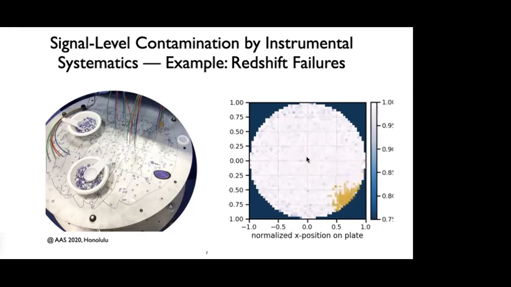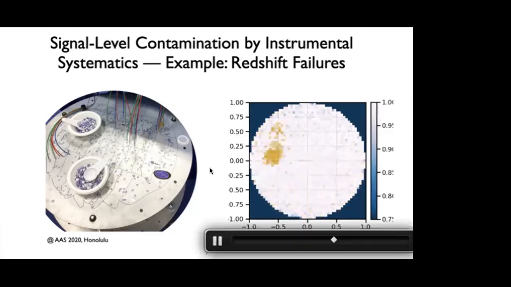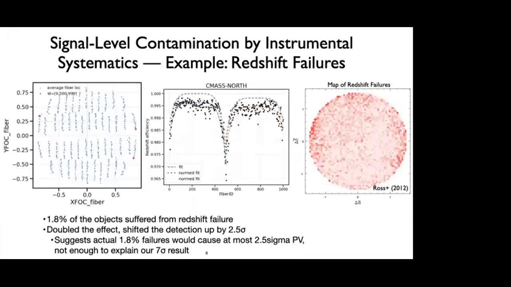And these moving yellow dots indicate the fiber bundles that were plugged into the plates during the entire observing epochs. After averaging the positions of the fibers, we found that they were not just randomly plugged into the plates, but rather they have preferred locations for each fiber, as indicated in this left panel.